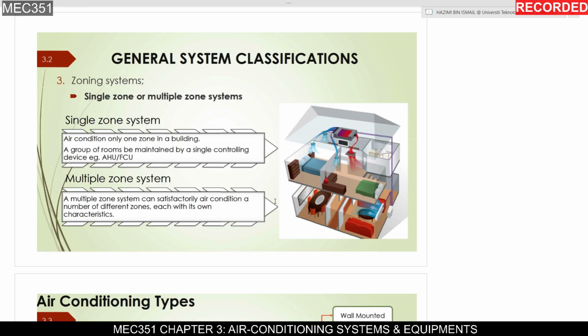The condition of the air in the operation theater is very critical. You have to get precise and accurate conditions, like the temperature and the humidity, to prevent any bacteria growth in that room. But for the ordinary ward, the condition requirement is just similar to a hotel or our bedroom. So that's what we call the multiple zone system.